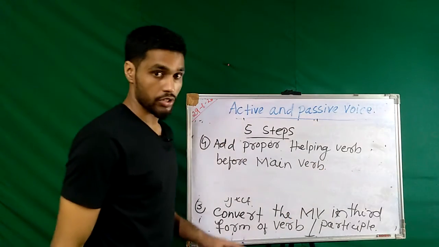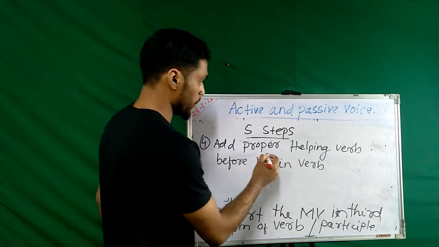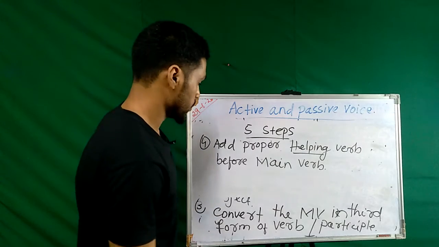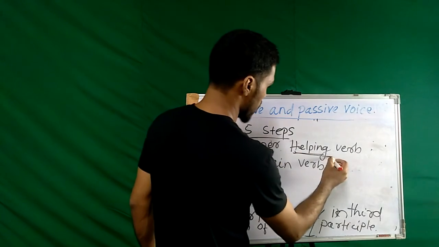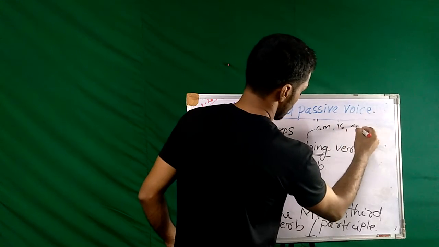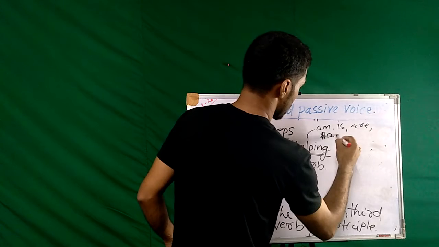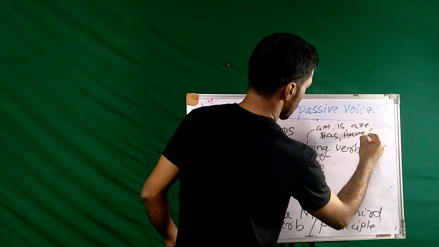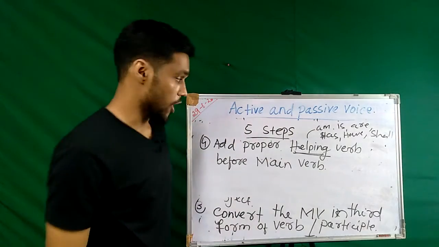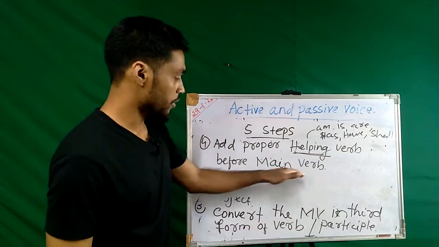We have to add a proper helping verb, which we learned in the previous class, and helping verbs are am, is, are, has, have, or shall, will. All these are helping verbs. We have to add the proper helping verb before the main verb.